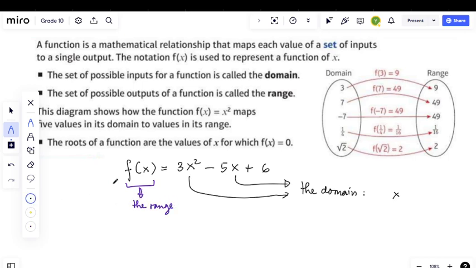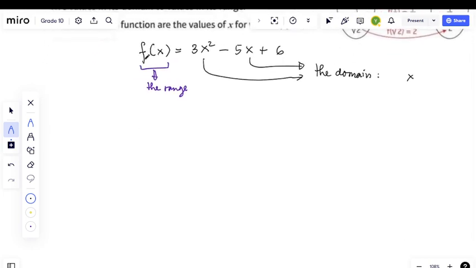Okay, let me give you some short example here. For example, contoh, f(x) is 3x plus 7. Let's say I have x is 3, x is negative 4, x is 0.